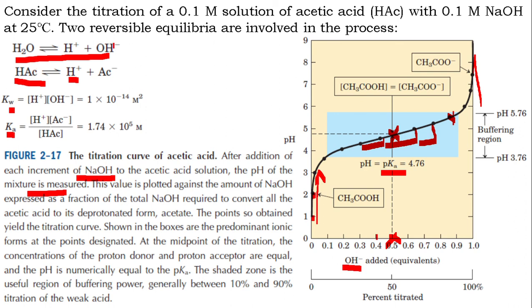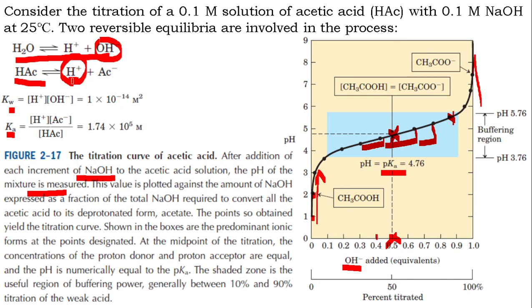As we add alkali, it provides OH minus, and you might have heard of the common ion effect in the lower classes. Hydroxyl ions combine with the protons, forming water.